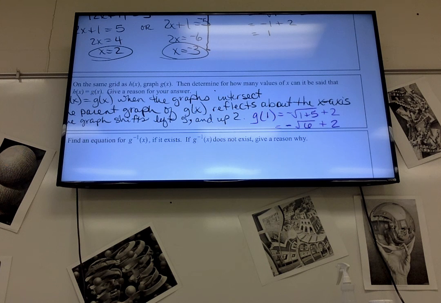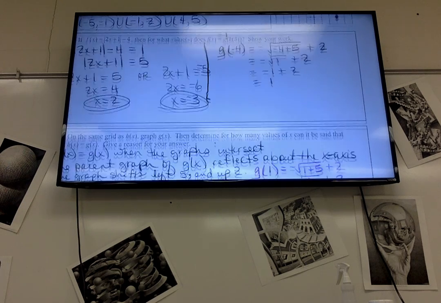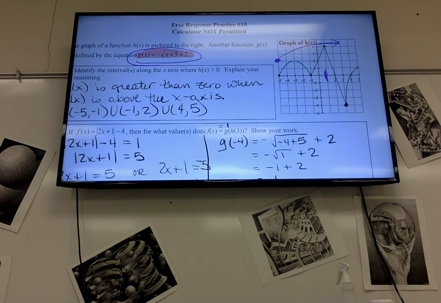Okay, now this is a non-calculator problem. So let's think about this. Did I do that right? Let me make sure I did that right first off. G of 1 is 5. There's a positive.